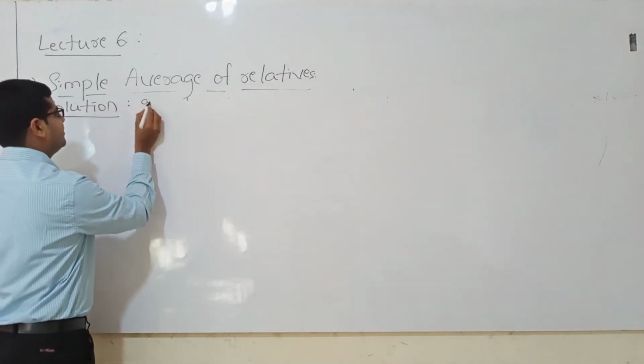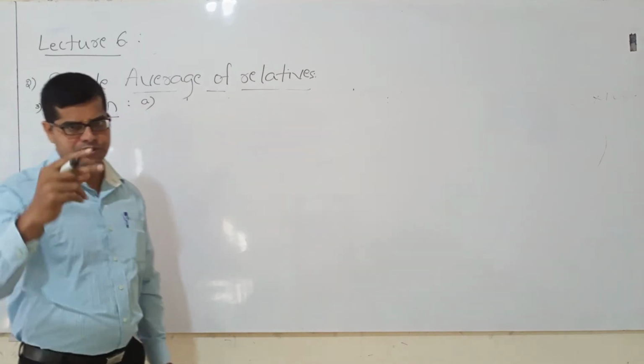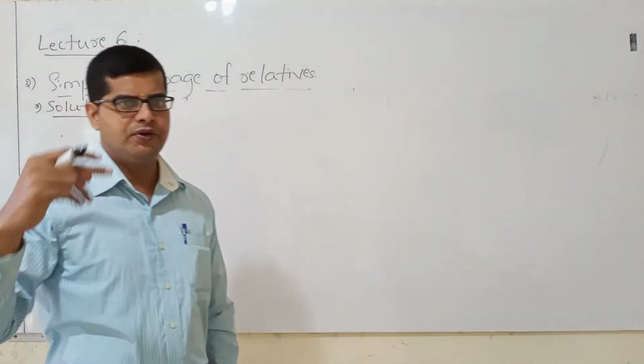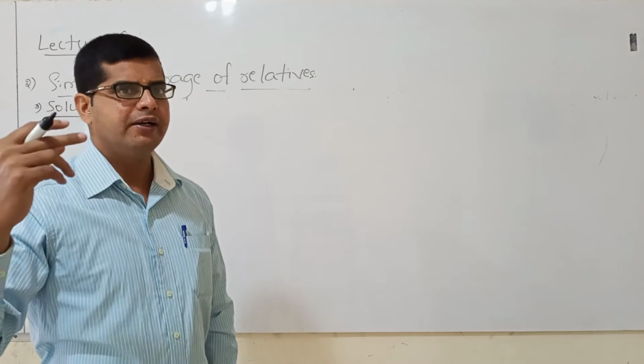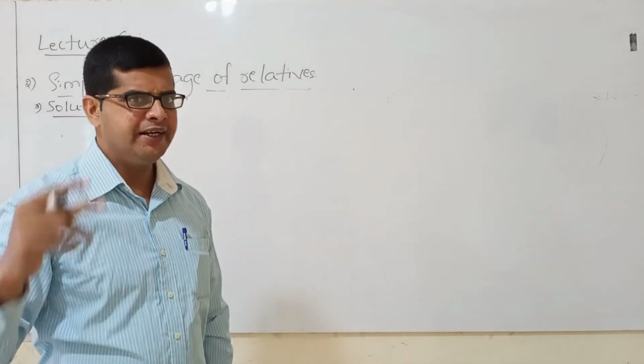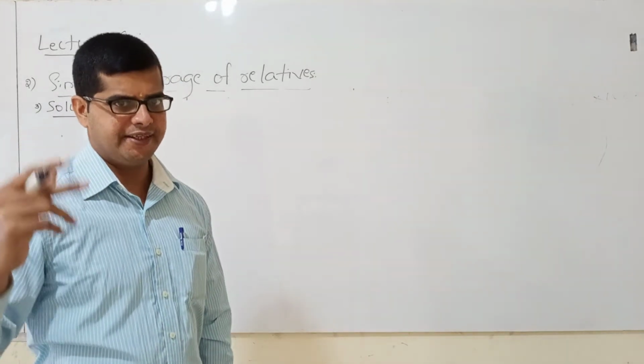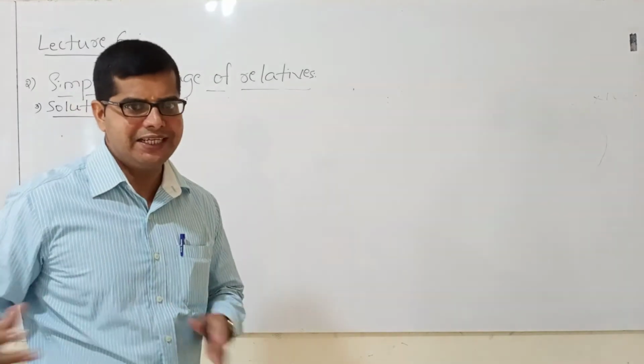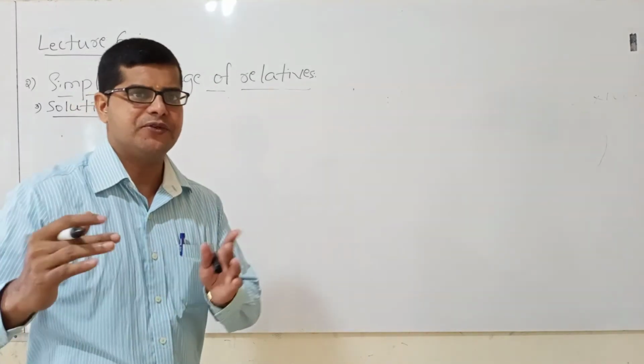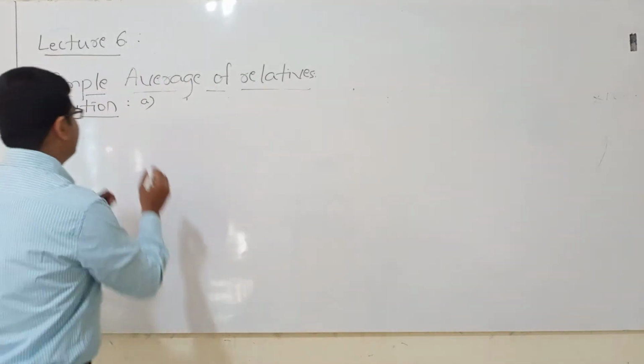In that I take A first because two questions are there. First question, A, calculating the unweighted arithmetic mean price index. B we take later. First we take A.